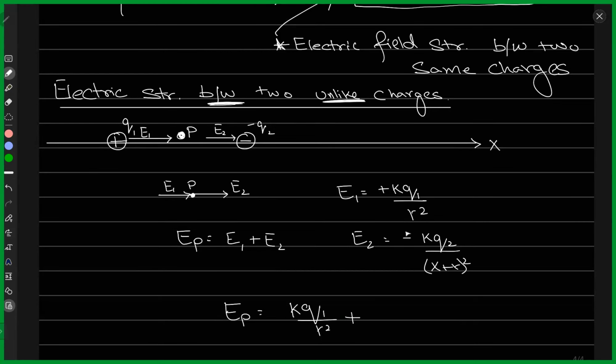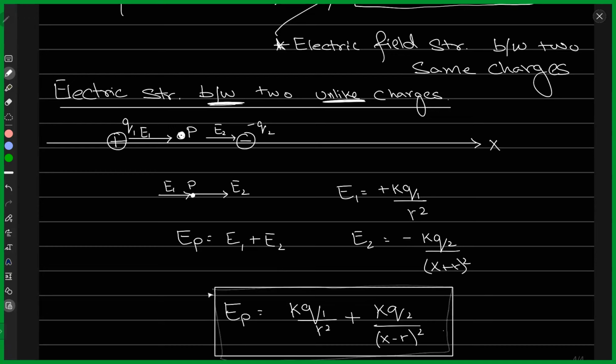So this will take a positive sign, and this will become kq2 divided by x minus r whole squared. So this would be the electric field strength at point P, and that point P can lie anywhere between the two unlike charges.